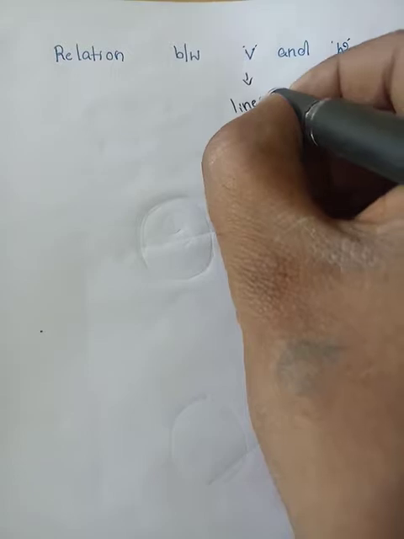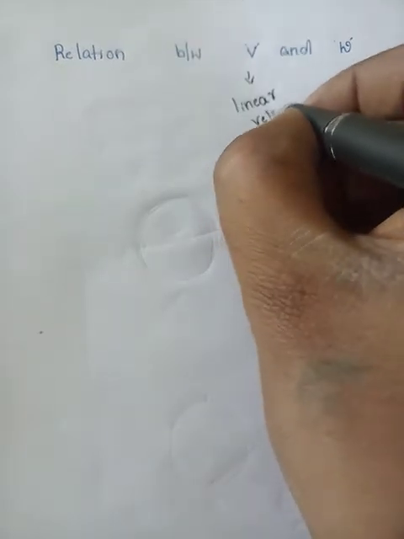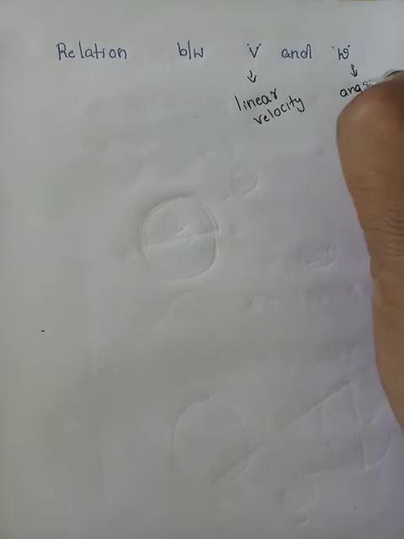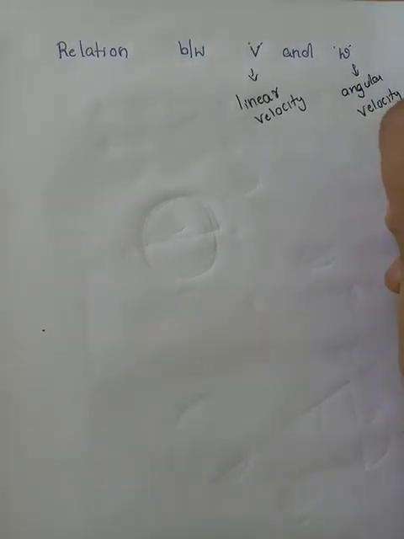V is called linear velocity, and omega is called angular velocity. Let us find the relation between these two.